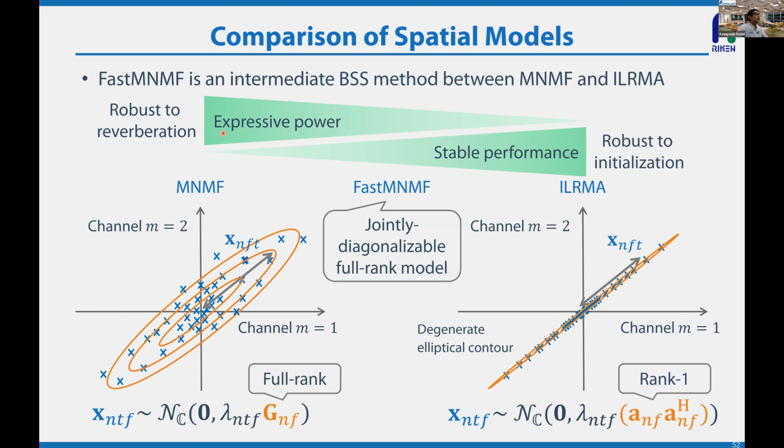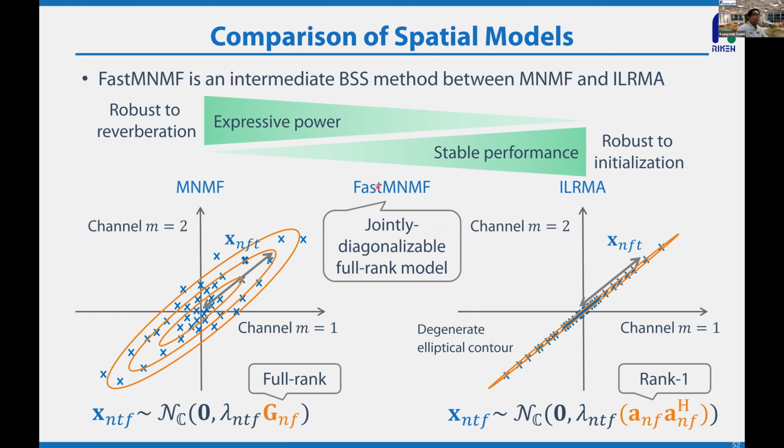However, due to the high degree of freedom, the parameter estimation is very difficult in reality. On the other hand, ILRMA has a limited degree of freedom, but it is relatively easy to avoid local optima in iterative optimization of parameters.